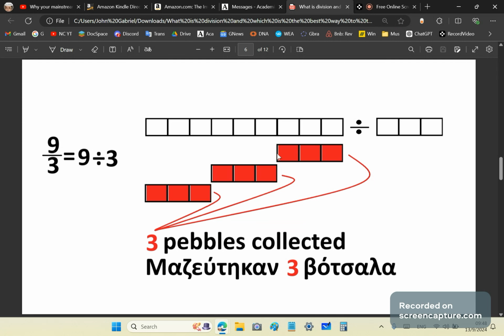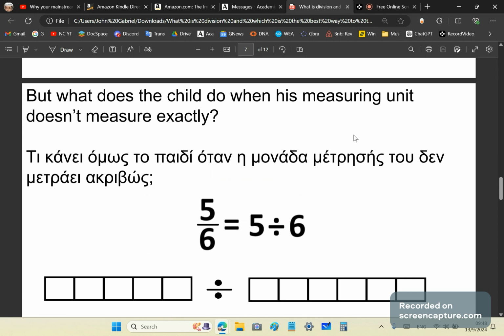He just takes a pebble out for each one of these, and he's got 3 pebbles. And by the way, that is the result of the division. It's a measure, okay? And when you count using natural numbers, all you're doing is instead of counting with 3, you're counting with 1, okay? So counting is division.